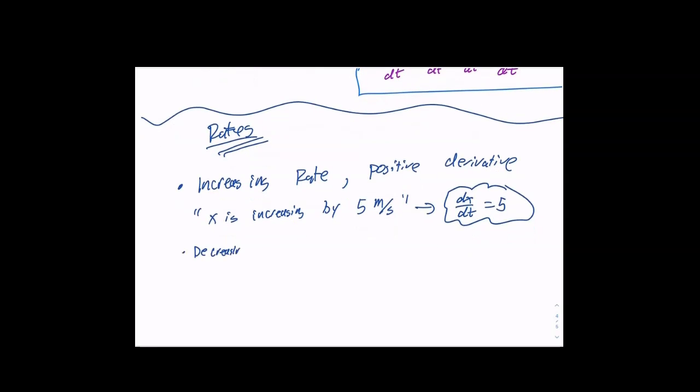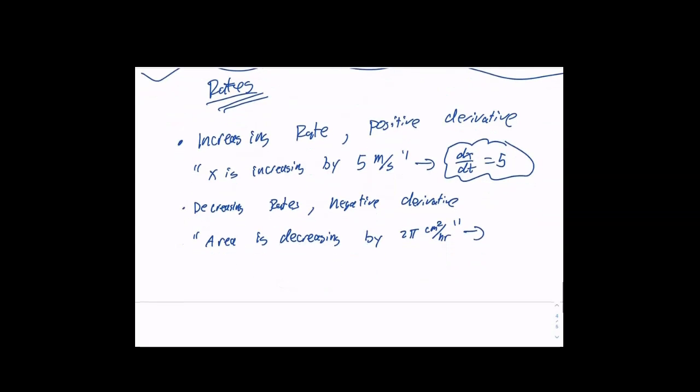So if x is increasing by 5, decreasing rates have a negative derivative. Area is decreasing by 2 pi centimeters squared per hour.